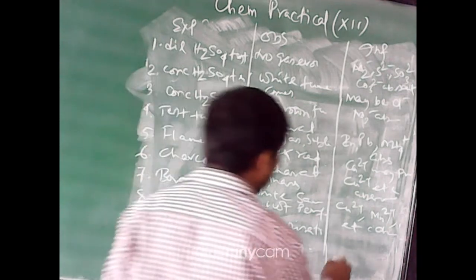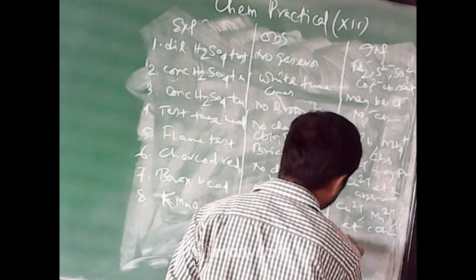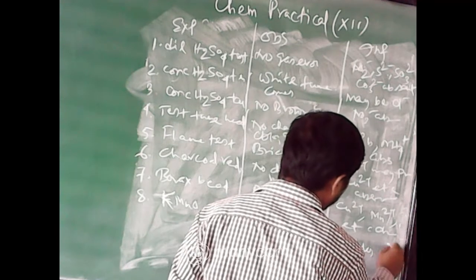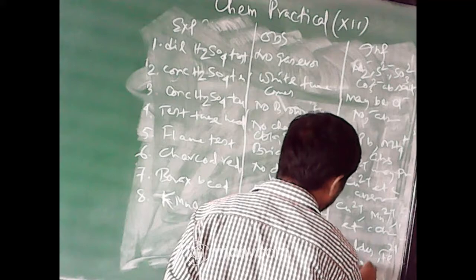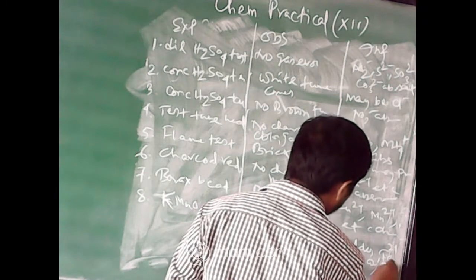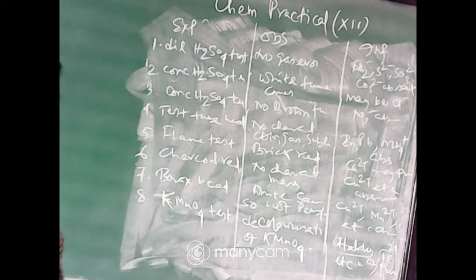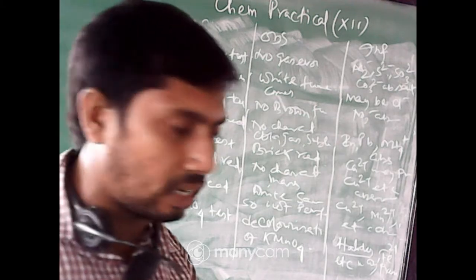This indicates that halides, iron 2 plus, etc. may be present, because it is positive for all the halides. It is not specific for chloride. Okay, halides and iron may be present. These are all under the dry section, that is the preliminary section.